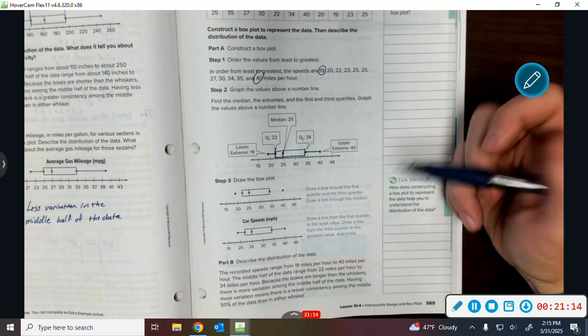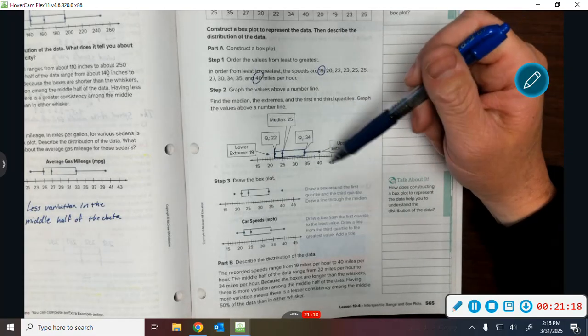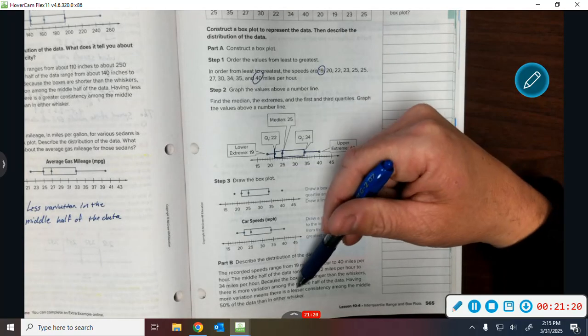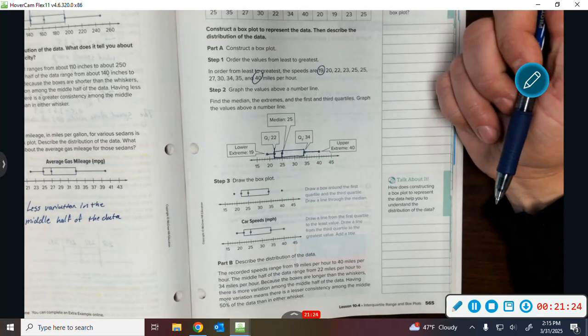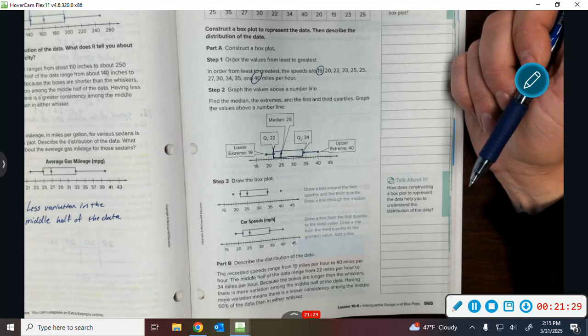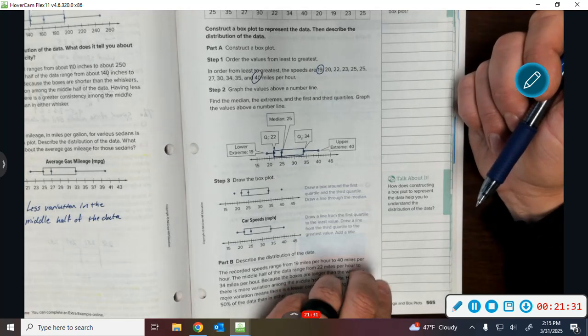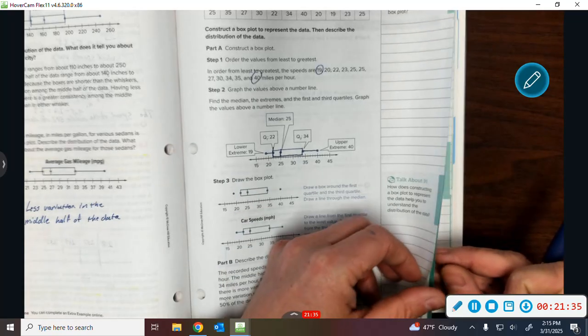Then to describe it, it looks like the whiskers are shorter than the box, so we would say that there is less consistency among the middle 50% of the data, because the box is longer than the whiskers. So this just helps us to visualize how that data varies.